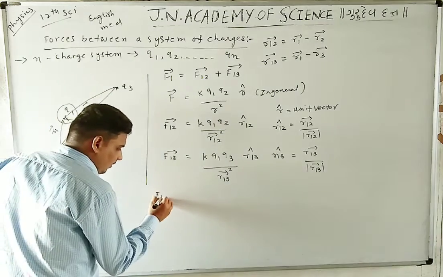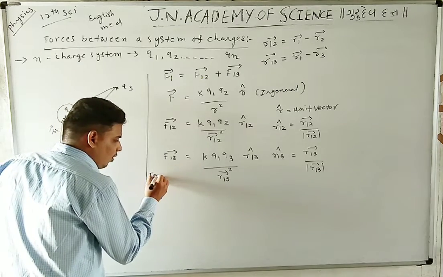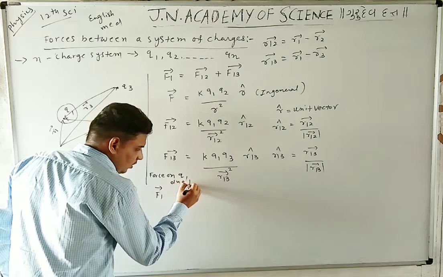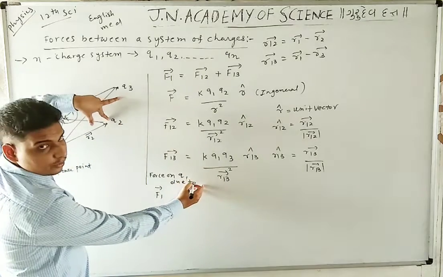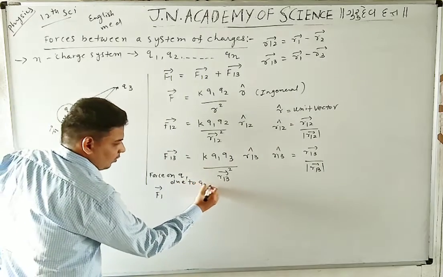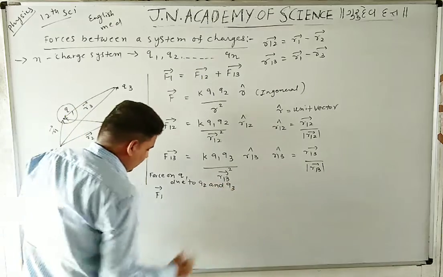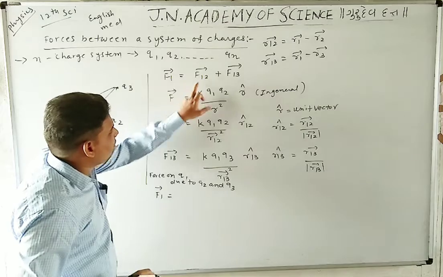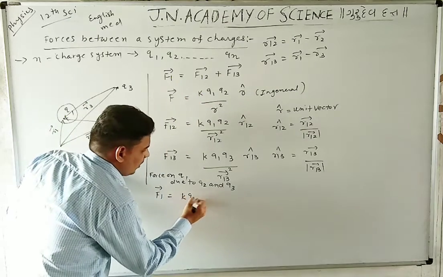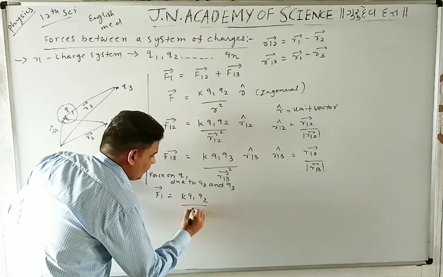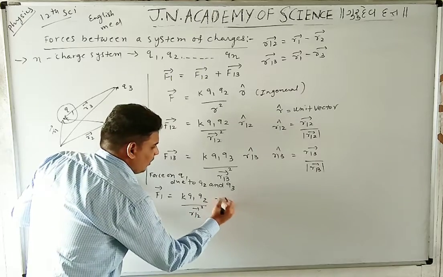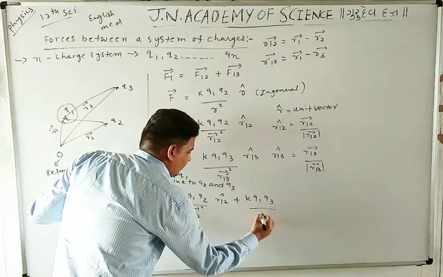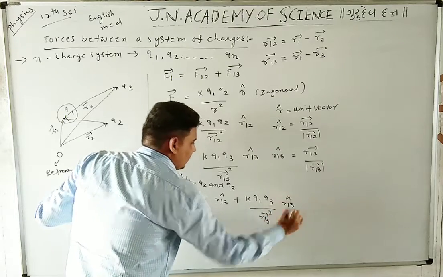So for the total, we can say the force on Q1 due to Q2 and Q3 can be written as F1 equals F12 plus F13, that is K Q1 Q2 divided by R12 square R12 cap plus K Q1 Q3 divided by R13 square R13 cap.